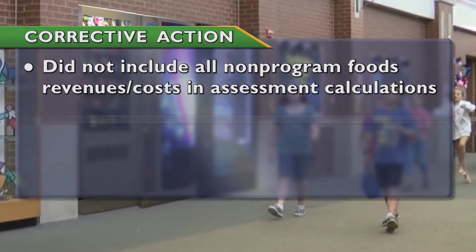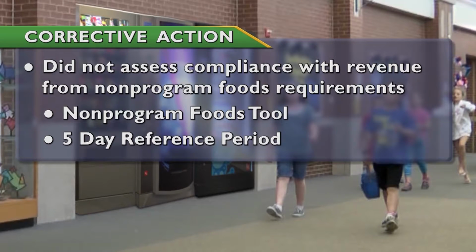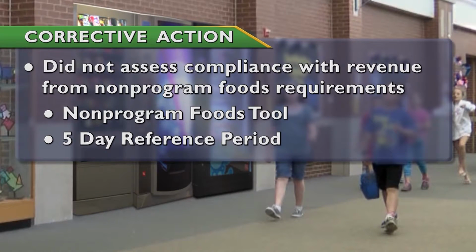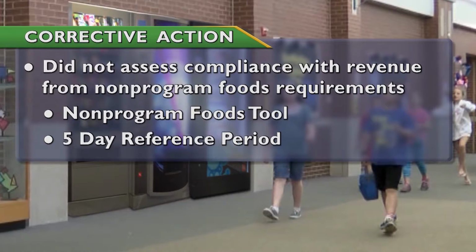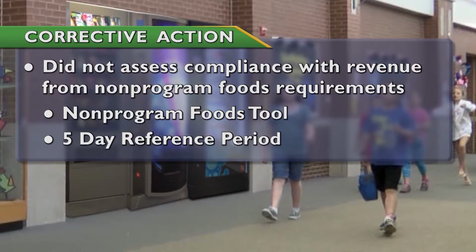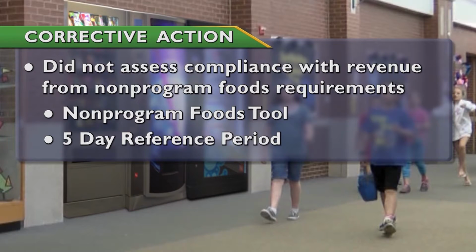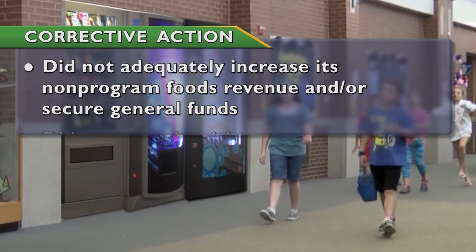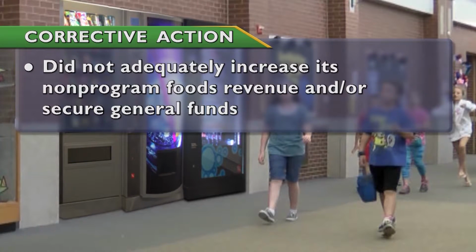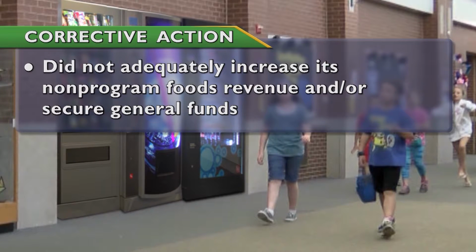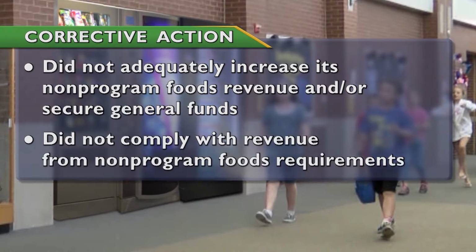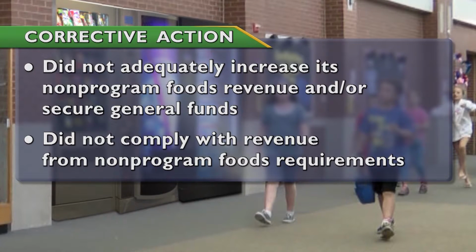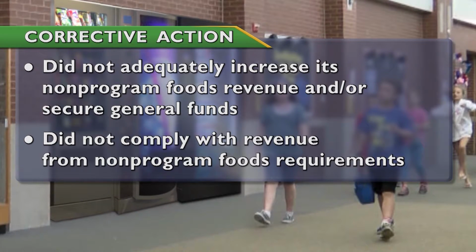If the LEA did not assess its compliance with the revenue from non-program foods requirements via either the non-program foods tool or 5-day reference period, or if the LEA did not take steps to adequately increase its non-program food revenue and/or secure general funds if it was out of compliance with the revenue from non-program foods requirements.